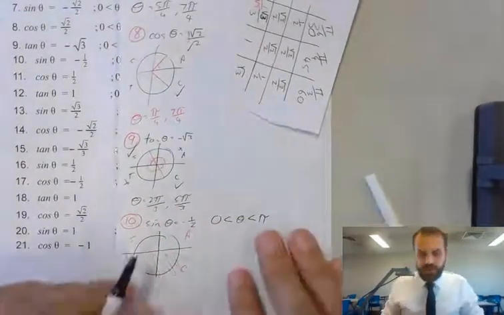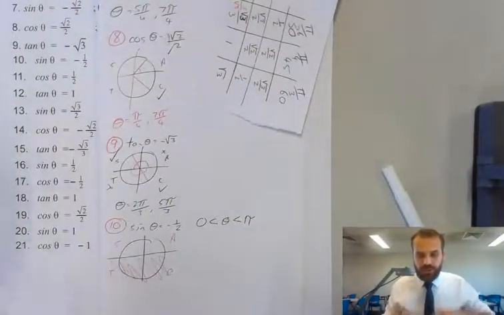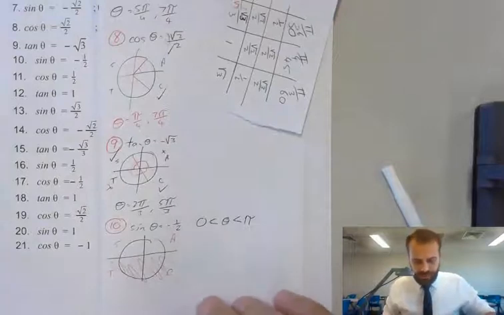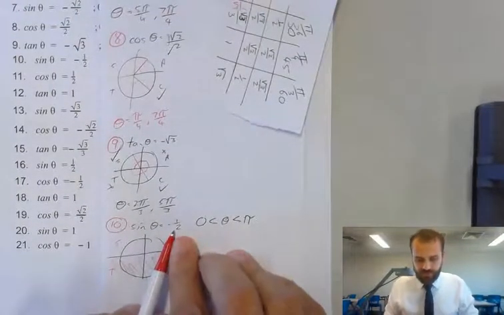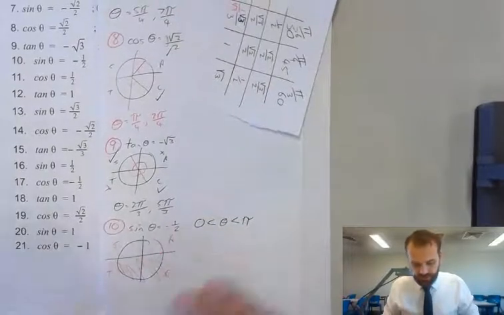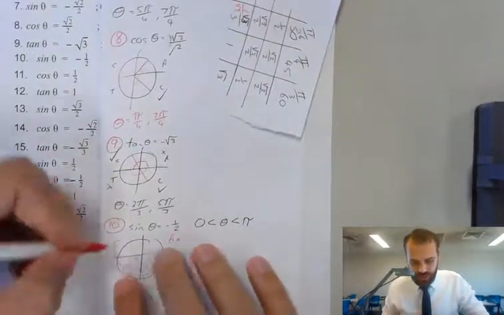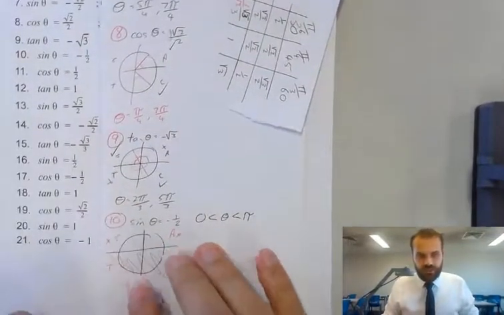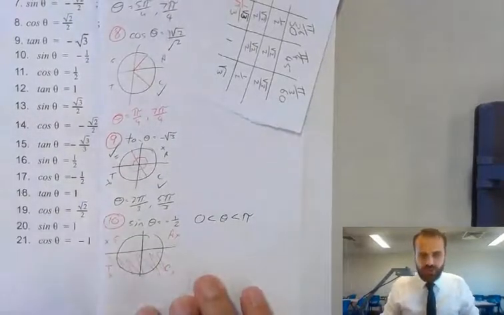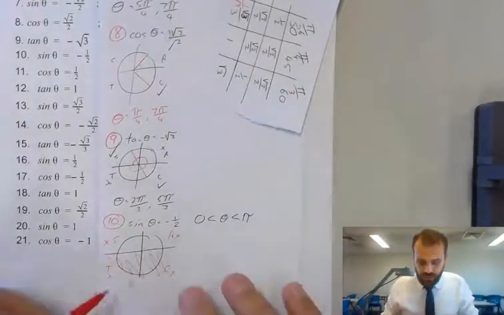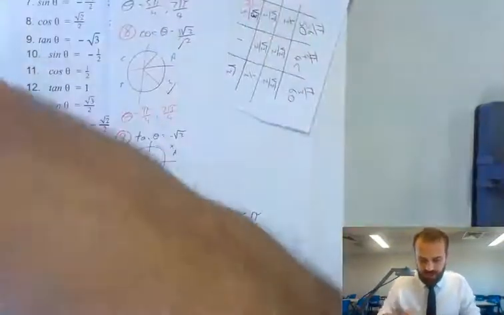Okay, so sometimes you get one answer in these sorts of questions, sometimes you get two answers depending on whether the thing is in both quadrants. Now in this particular one, sine theta equals negative a half. So it's not going to be in the all quadrant, and it's not going to be in the sine quadrant. It's going to be in the tan quadrant or the cosine quadrant. But there's a problem, because we've already said that we're only interested in angles that are between 0 and 2 pi.